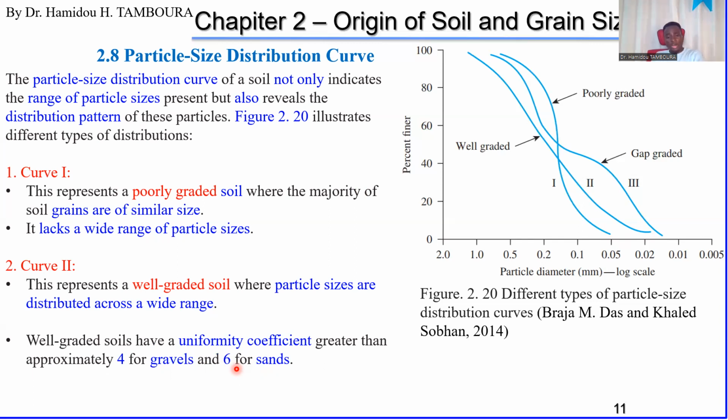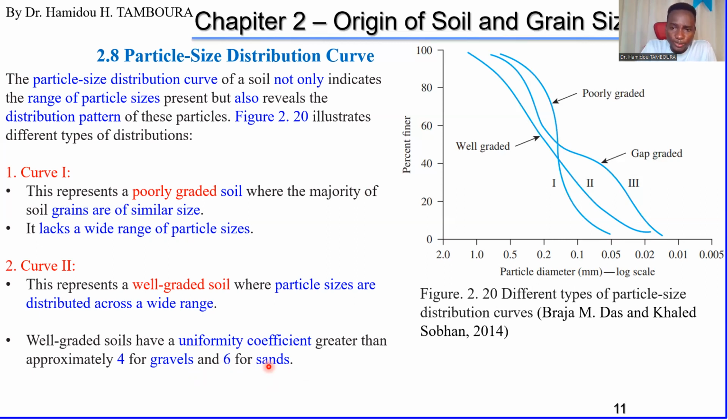Okay, we have seen just now how we can obtain the type of soil using this curve: gravel, sand, and fines, using the unified classification system. So if you have determined that your soil is in majority sand, for example, and you have found that the uniformity coefficient of your soil is a little bit higher than 6, then your sand is well graded. Okay, remember that.